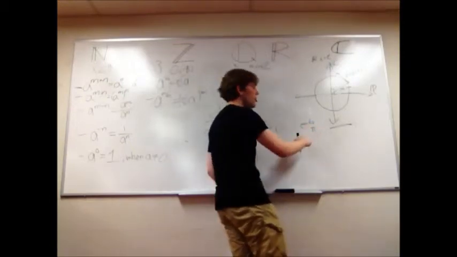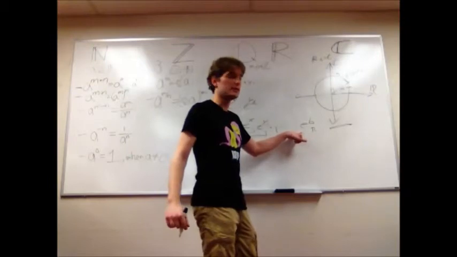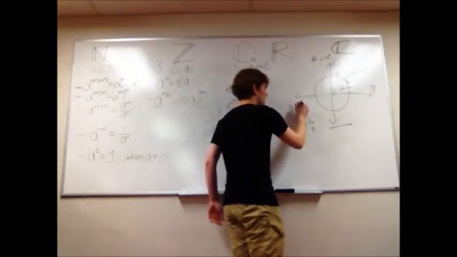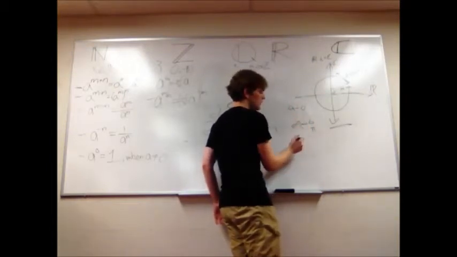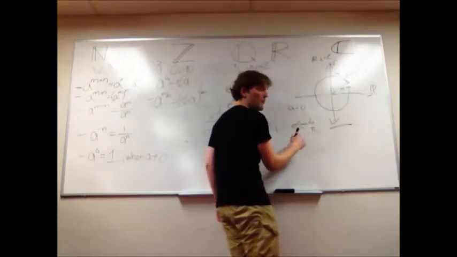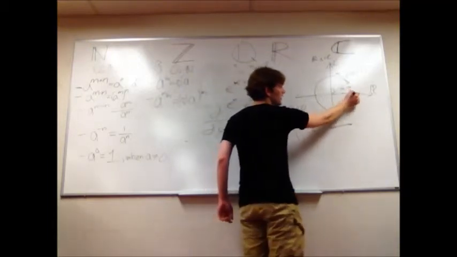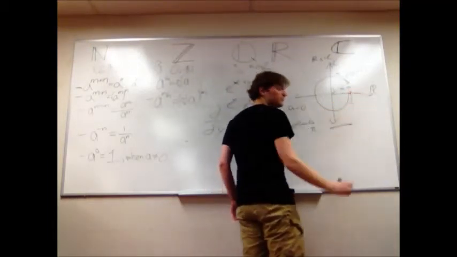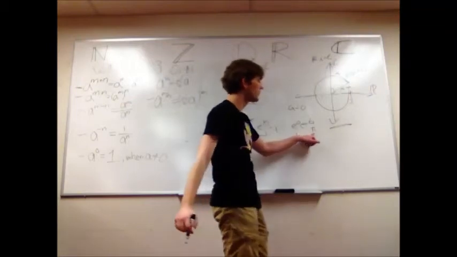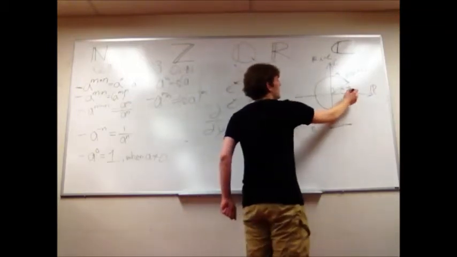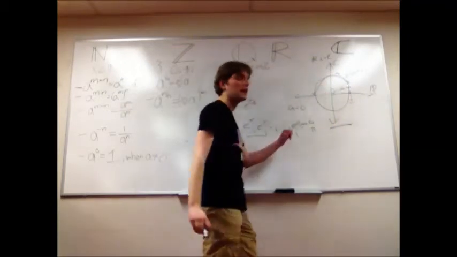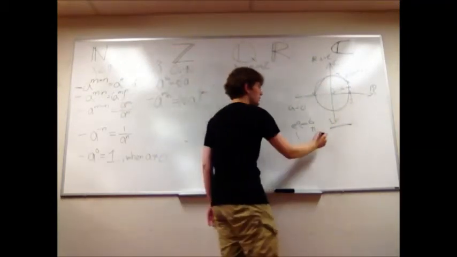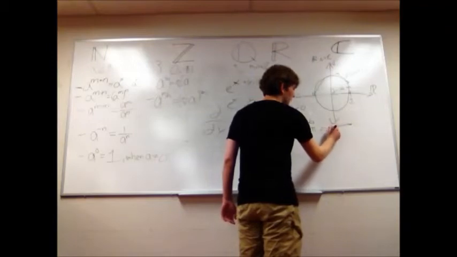Well, this is assuming that a is 0. And we know e to the 0 is just 1. So our magnitude is just 1. It starts out here, right here at 1. And then it travels around the circle pi radians. So it travels around this nice circle until we end up here. So e to the pi i is actually just equal to -1.